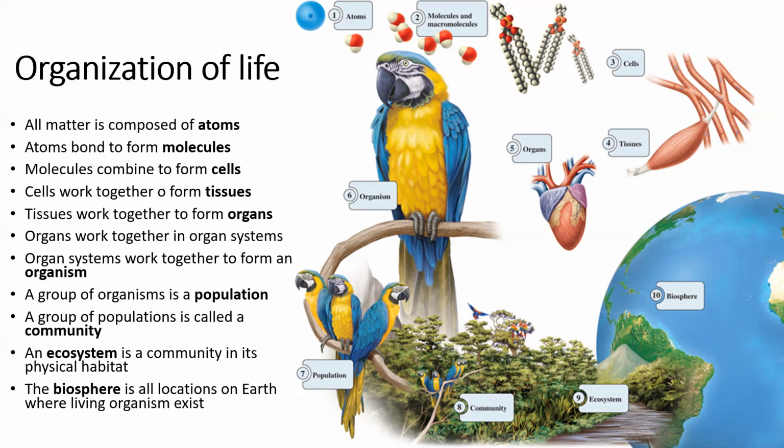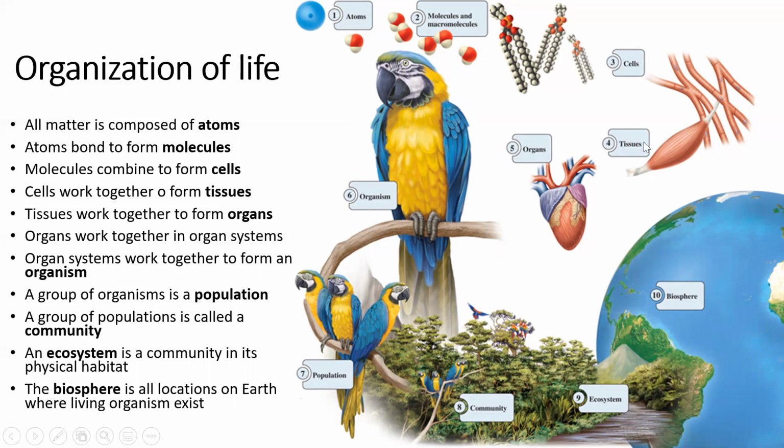It's basically the fact that you have organisms that are similar living together to form a population. Populations will then form the community. The community is contained in the ecosystem, and then you can see finally that the ecosystem is contained in the biosphere, and that's where all the living organisms exist. So it is pretty fascinating.